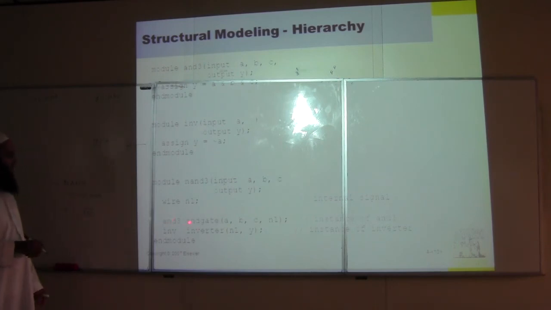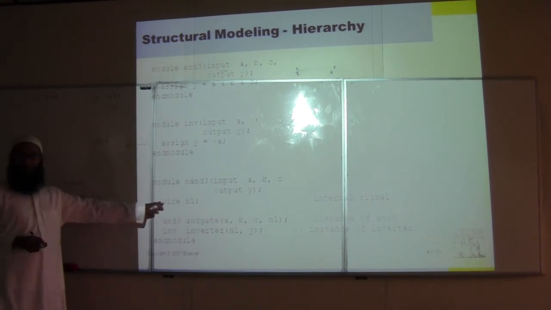So here you can see you are declaring a gate of type N3, with a module name and gate. Why N1? I will tell. N1 is a local variable, like a new wire.